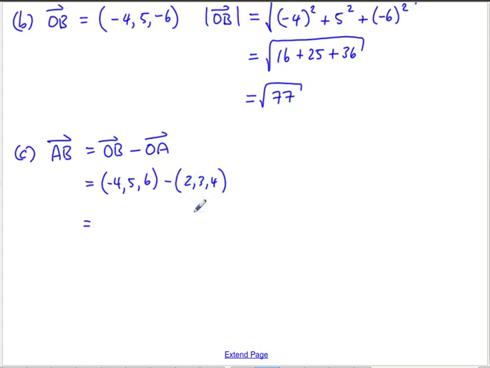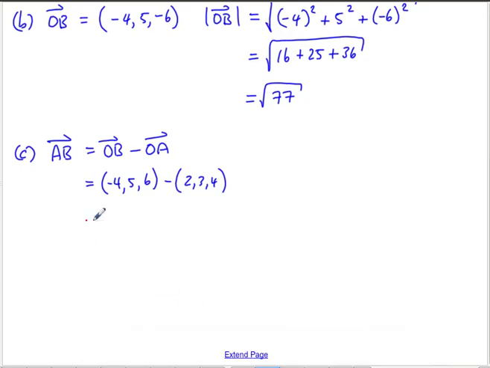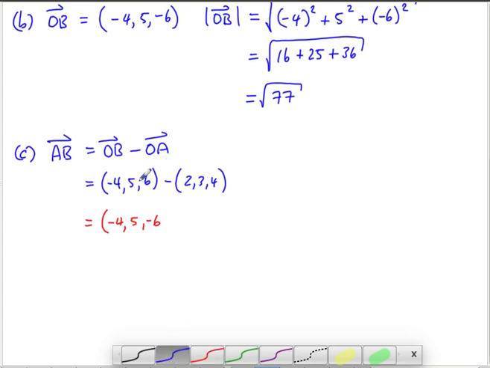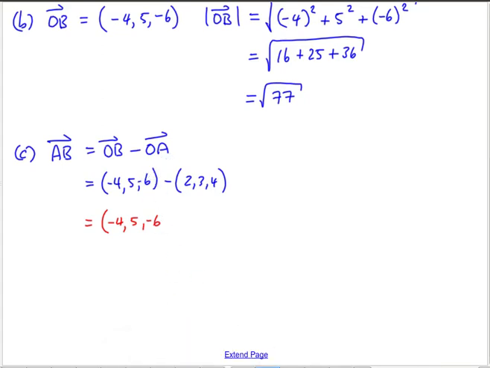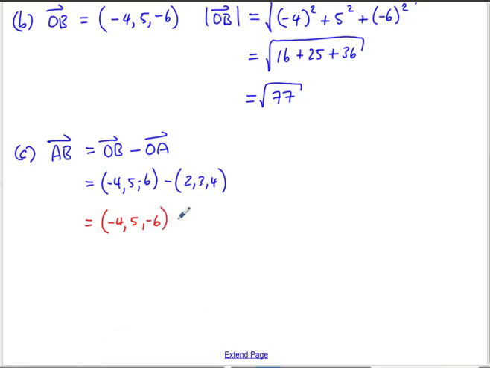Now, I'm going to show you how to do this. You've got a couple of options in case that wasn't clear to you. If you prefer -4, 5, and -6, I've already made a typographical error there, so that's supposed to be -6. I'm glad I caught that. If you want, you could make this an addition, and then you would change all of these to the opposite signs.